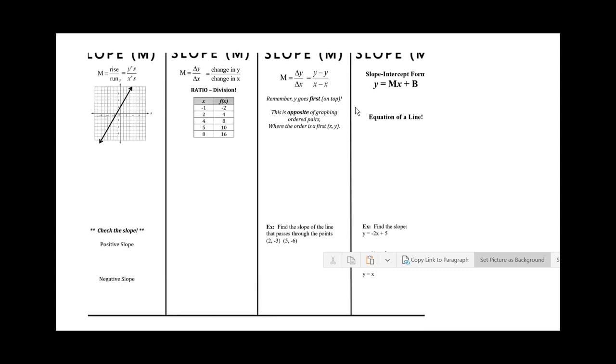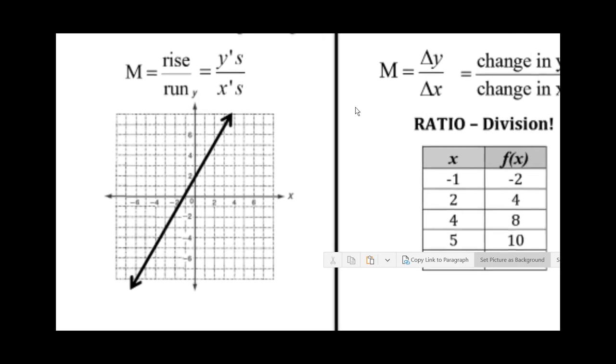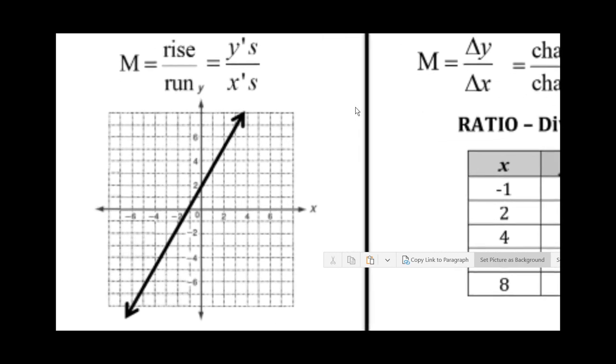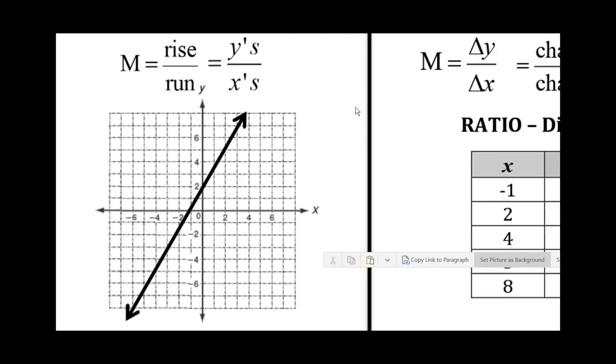Okay, so I'm going to zoom in really closely here so everybody can see. The first thing you're going to want to do is to identify two exact points, at least two exact points on this line where it's got a whole number ordered pair.